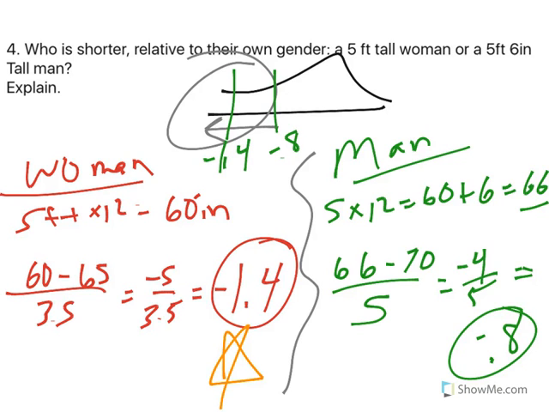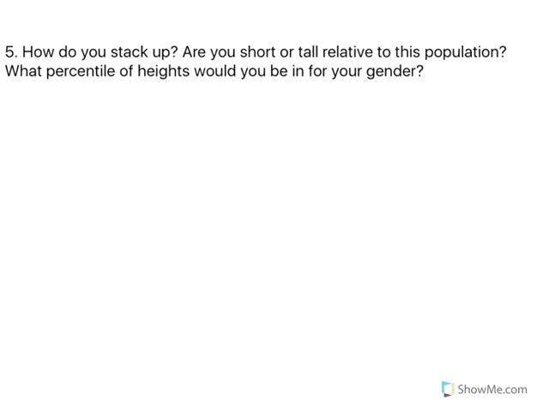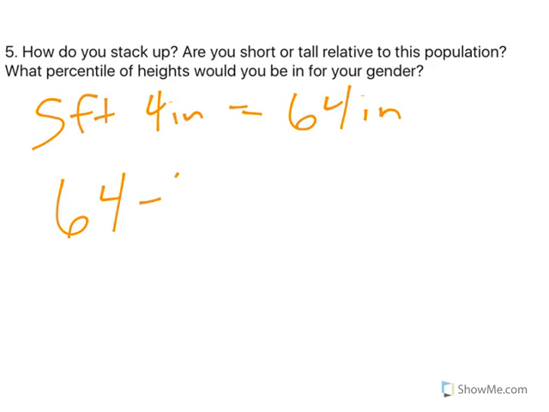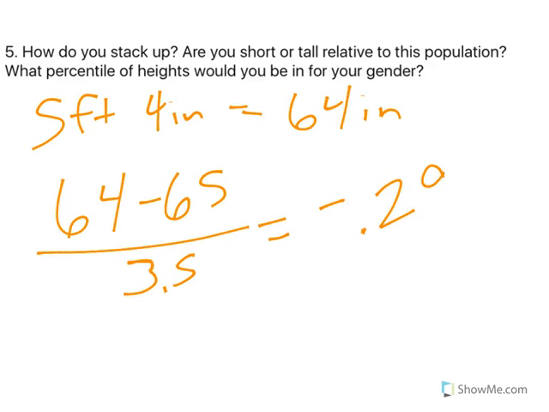And the last question for this one, how do you stack up? So this is going to be different for everyone, but hey, everybody, I am 5 foot 4 inches, which is 64 inches. So if I want to find my z-score, 64 minus 65 divided by 3.5, my z-score is approximately negative 0.29. So I'm definitely shorter than average because I have a negative z-score, but I'm pretty darn close.